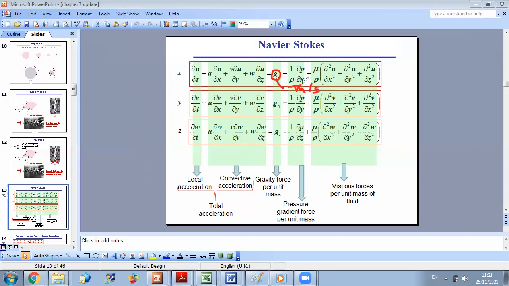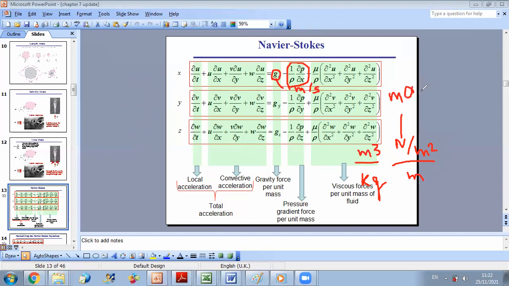Now, for example, for this term, rho is kilogram per meter cube. So the unit of 1 over rho is meter cube per kilogram. Pressure is a force per unit area, so it's Newton per meter square. Always you can express Newton as a function of the other dimensions, because Newton is mass times acceleration.